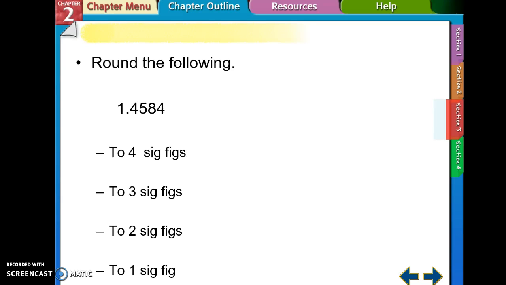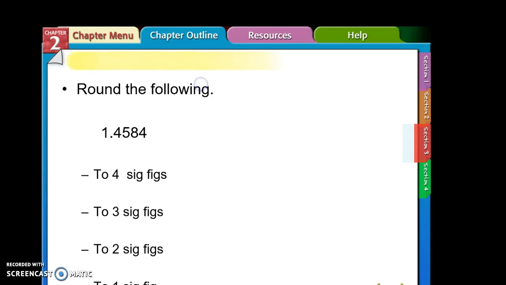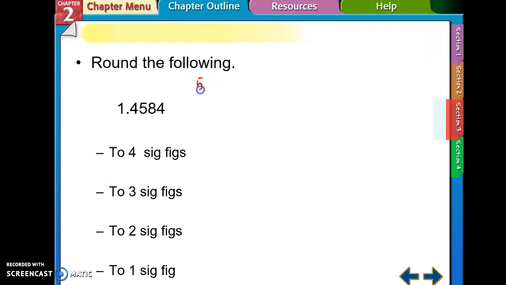So let's look at this right here. We're going to have to use our significant figures knowledge and our rounding knowledge. So right here it says, I've got the number 1.4584. It has 5 significant figures in it right now. And I'm going to do some rounding. So where it says round to the following, I'm going to round to 4 significant figures. So my 4th significant figure is the 8.